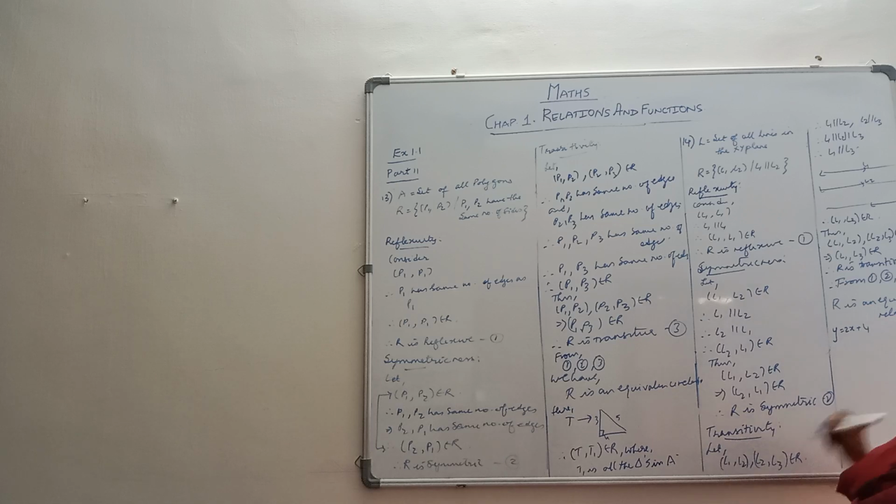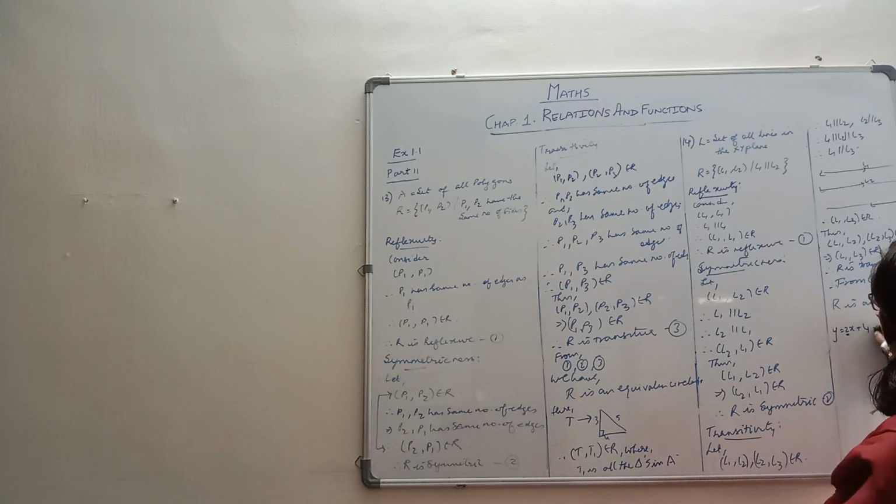What is the slope of this line? The slope is 2. So any line which has slope 2 will be parallel to this line. They have asked which lines will be related to this line, so that's how we have to trace this.